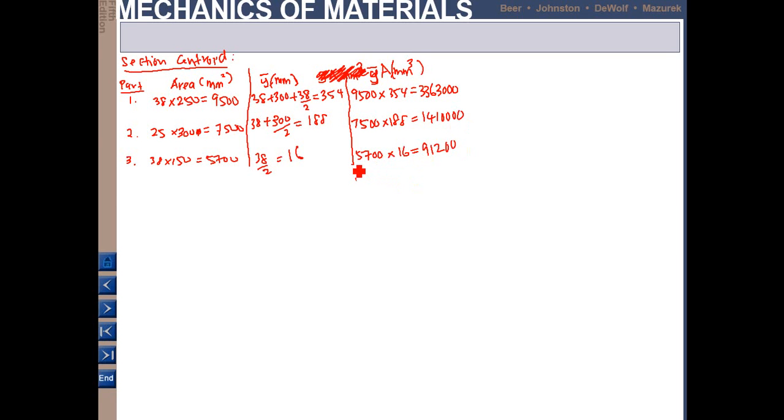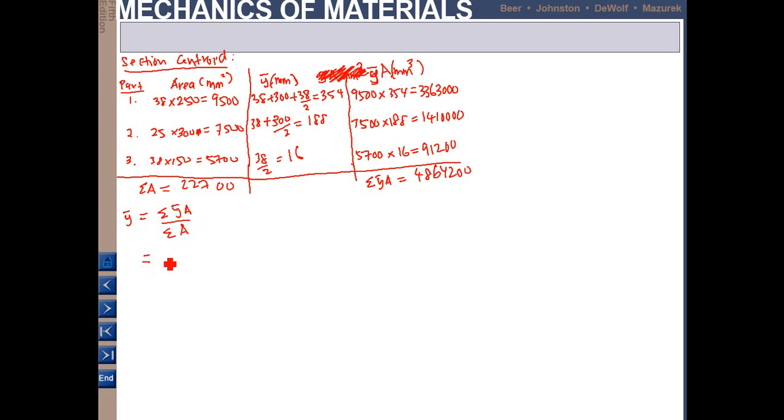And then the sum of all the areas is 22,700, and the sum of these products is 486,420. So the centroid for the whole structure is the summation of each centroid times area over the whole area, 486,420 over 22,700, which gives 214.3.